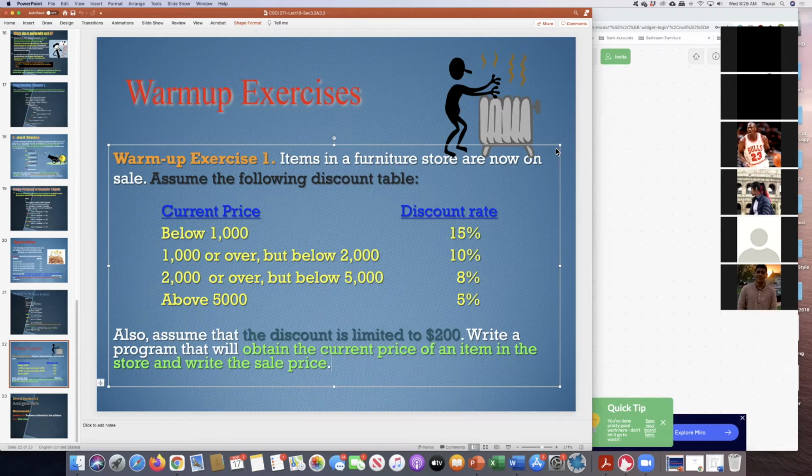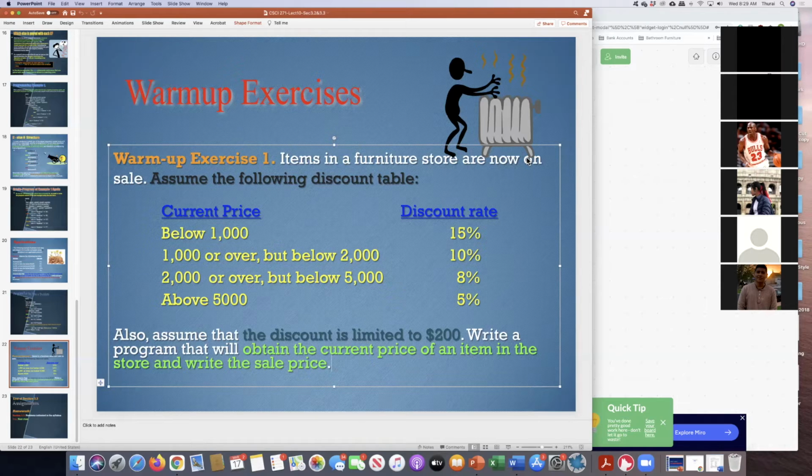Okay, I'm looking at Chris Huang's solution. You are deducting 15% from the price. In other words, you are applying the discount and getting the discounted price in your if-else block. That's not right, because discount is limited to 200 means you should not be applying the discount. You should only calculate the discount amount, okay?